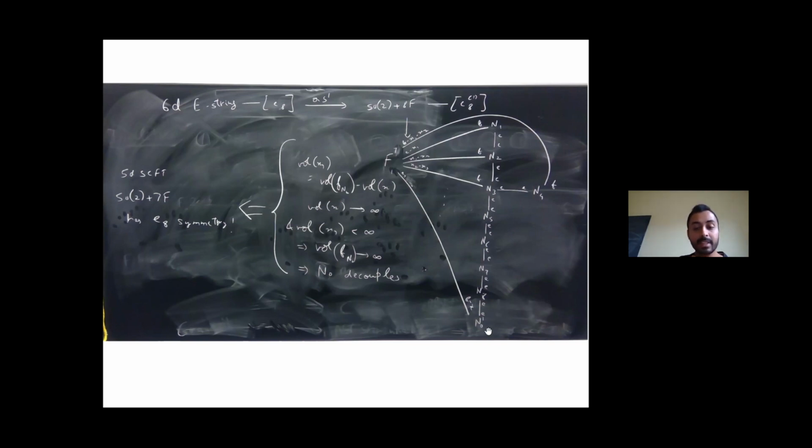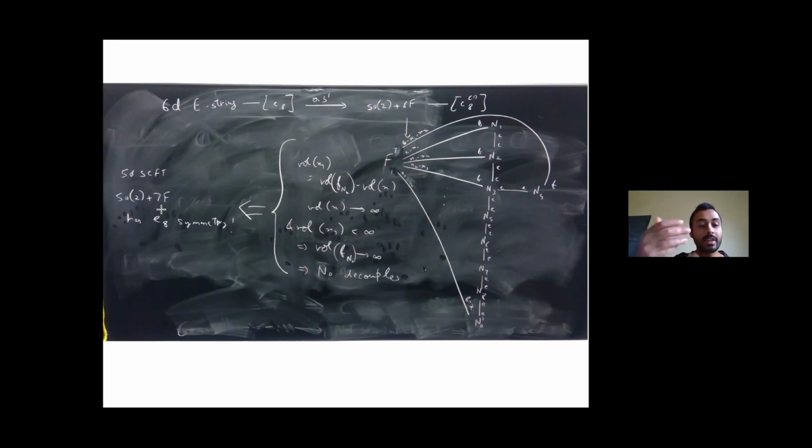So this means that the N0 surface decouples from the flavor symmetry, and you're left with a set of surfaces from N1 to N8, which form the Dynkin diagram of an E8 algebra. So the conclusion of this blowdown process is that the 5D SCFT, which can be described by SU2 with 7 flavors, has an E8 flavor symmetry, which is a well-known result.